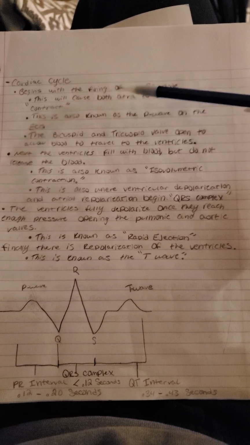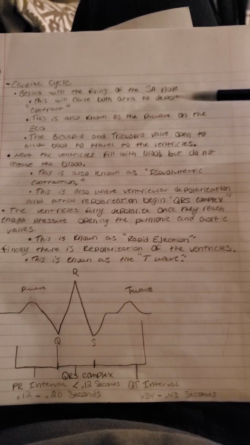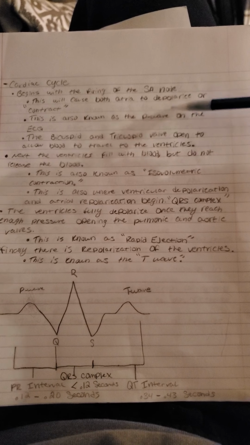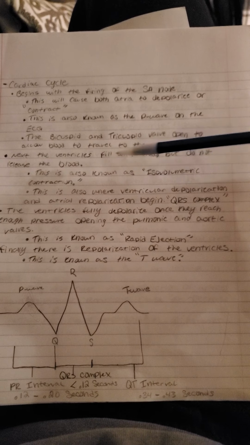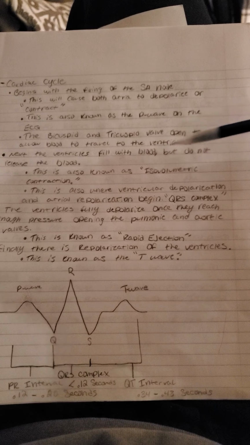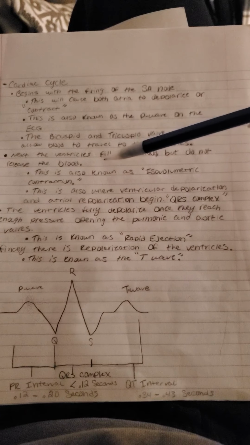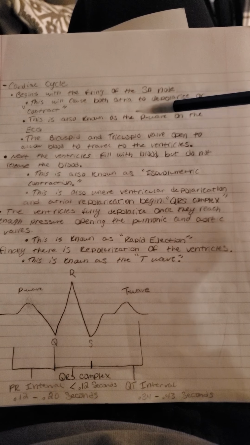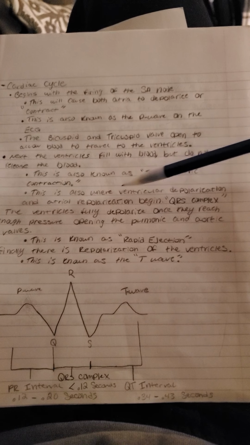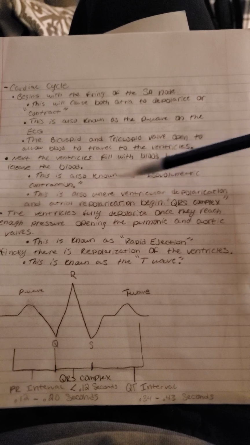The next step after the firing of the SA node and the depolarization of the atria is that the ventricles fill with blood but do not release the blood. There's a slight delay period in between the atrial contraction and the ventricular contraction, and this is known as isovolumetric contraction.